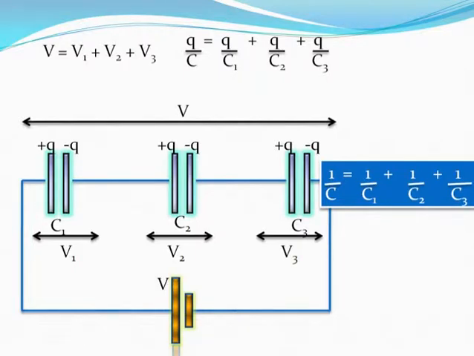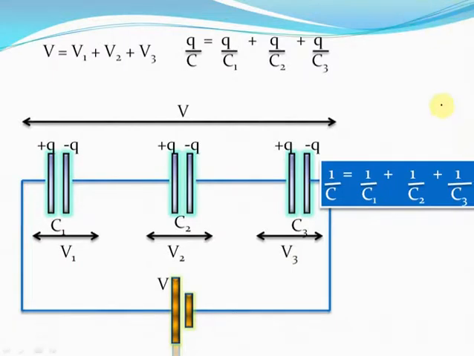And that gives us the final expression. The net equivalent capacitance of a series circuit is such that 1 by C is equal to 1 by C1 plus 1 by C2 plus 1 by C3. So in a series circuit, if C is the equivalent capacitance of the series circuit, in that case 1 by C will be equal to 1 by C1 plus 1 by C2 plus 1 by C3 and so on.